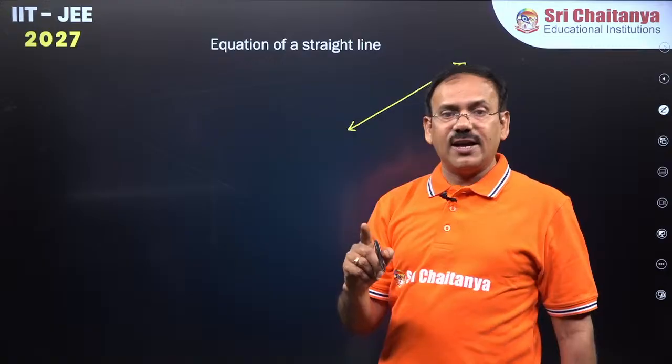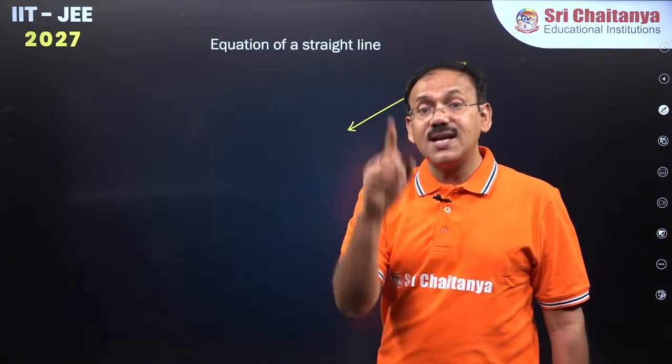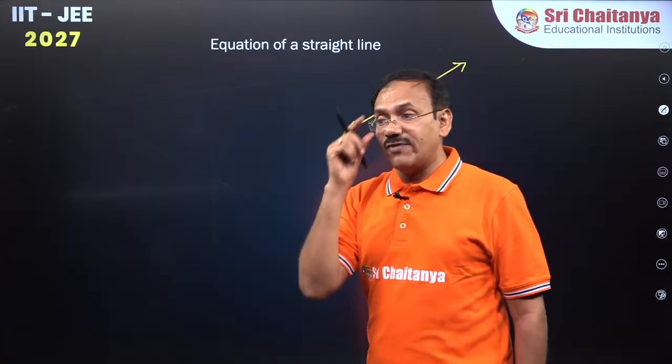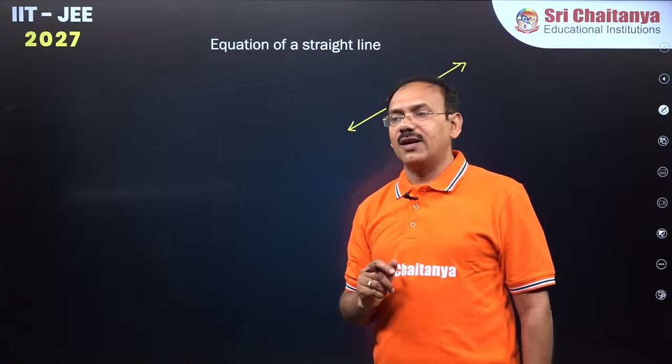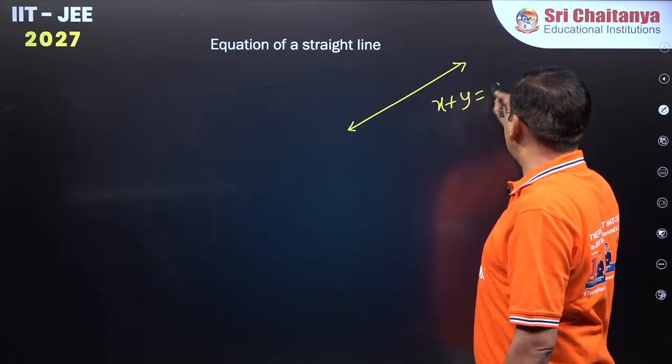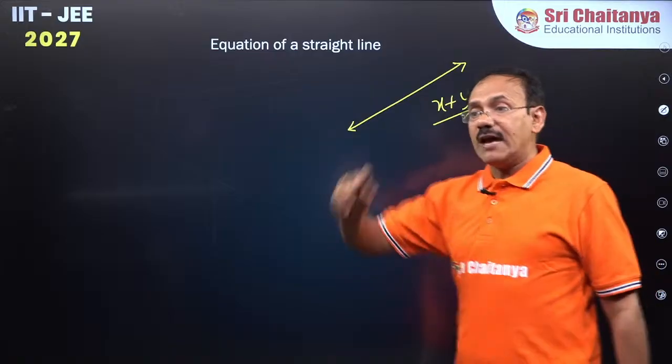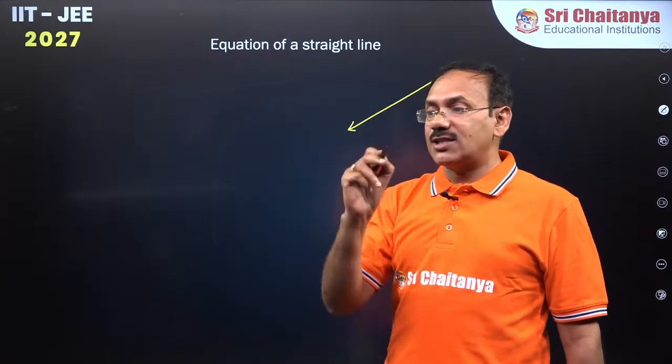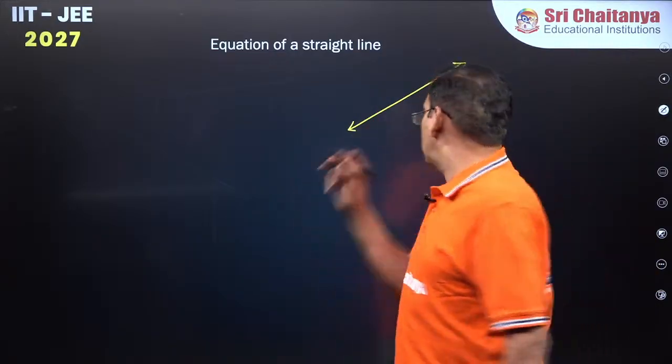Equation of a straight line is nothing but a linear condition that is satisfied by each and every point on the line. Finally, if I say a line equation is x plus y is equal to 8, that means for every point on it, x coordinate plus y coordinate is going to be 8.